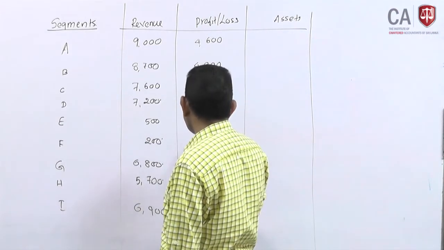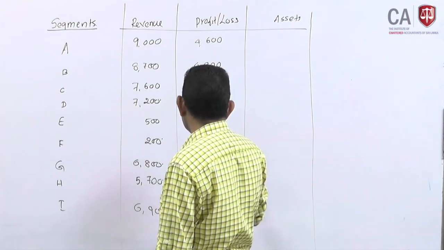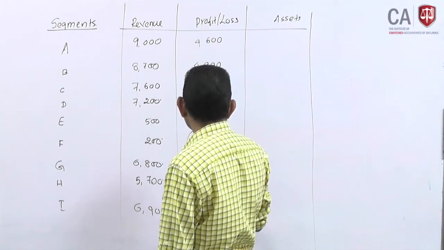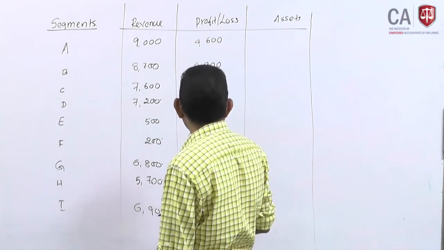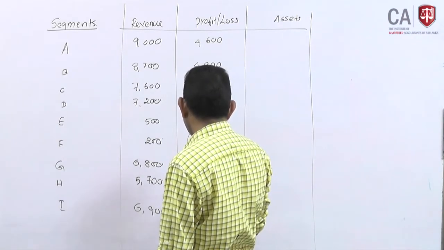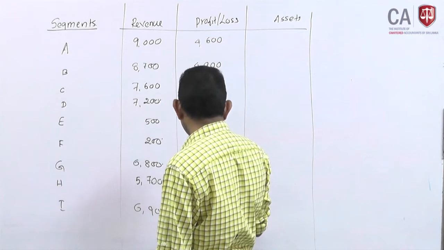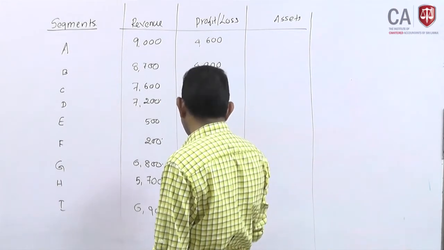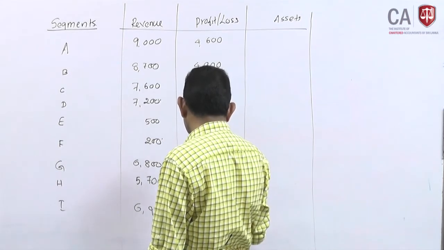So, there is a loss of 1900 here. There is a loss of 200 here, and here the loss is 300. Here the profit is 5,800.